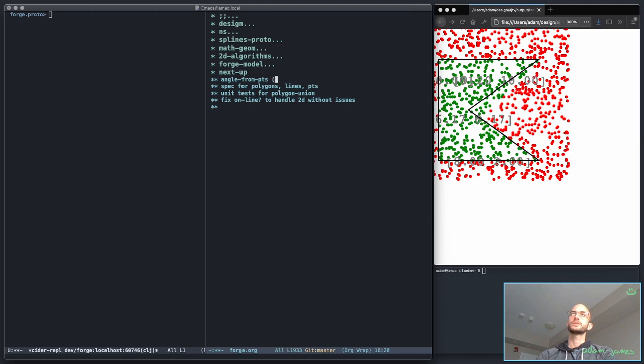Angle from points, handle greater than 180 cases. There is some major, oh yeah, I had this in my head too.